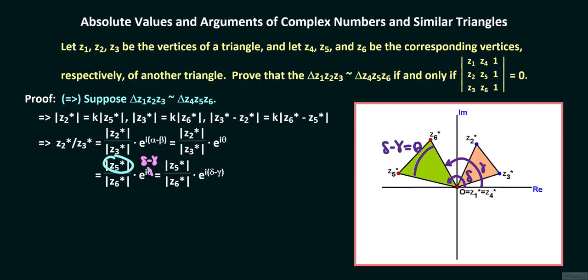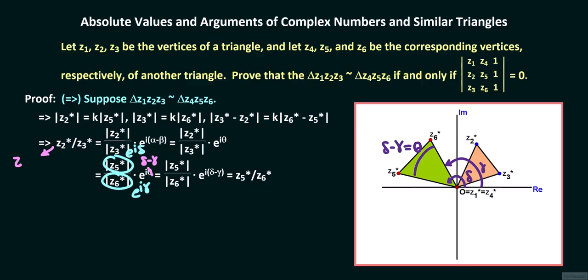The absolute value of Z5 star times e to the power I delta is Z5 star. And the absolute value of Z6 star times e to the power I gamma is Z6 star. Therefore, Z2 star over Z3 star equals Z5 star over Z6 star.